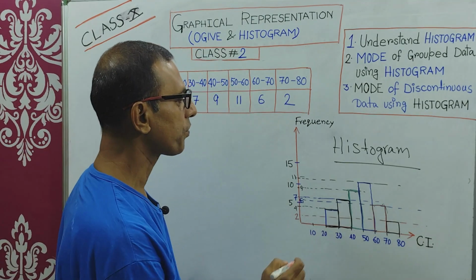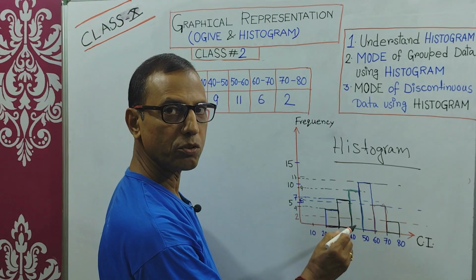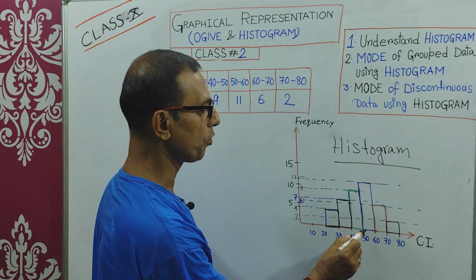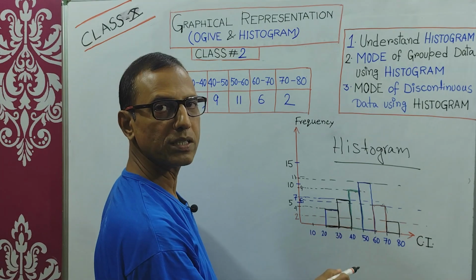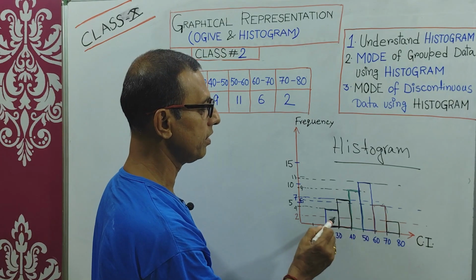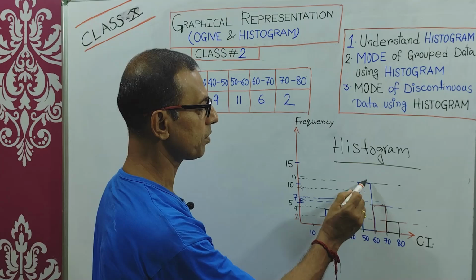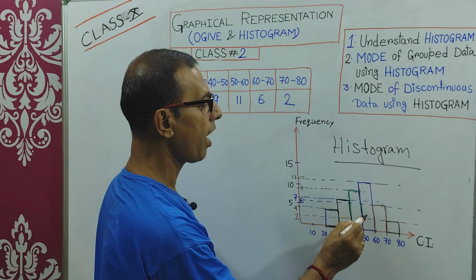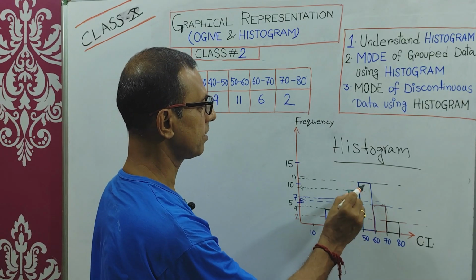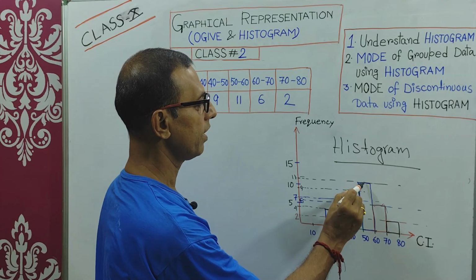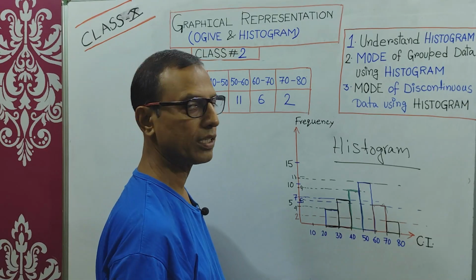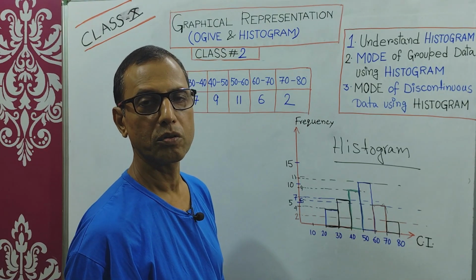From the histogram, you find the class to which the highest frequency belongs. Here the highest frequency belongs to 50 to 60, because this is the highest rectangle, with frequency 11. Between 50 to 60, the mode will be there.